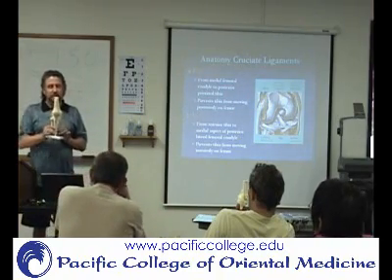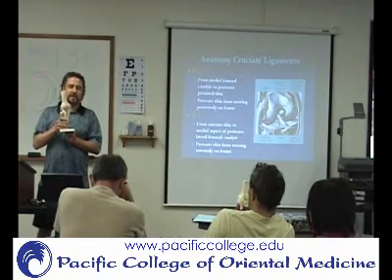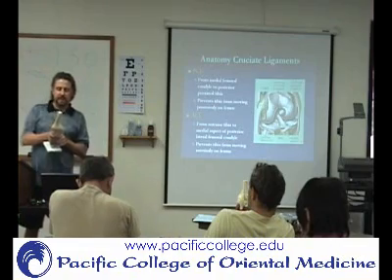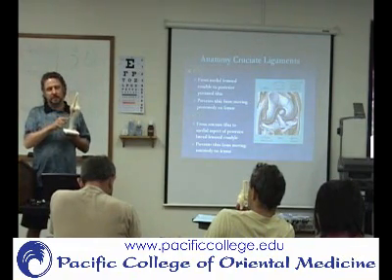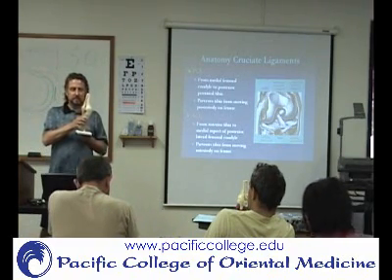So if we talk about the cruciates, the best way to understand the cruciates and talk about what movements they allow and prevent is that the name of the ligament is going to correlate with what it does with the tibia, okay? So when you think of the ligament, think of what it's doing with the tibia, all right?